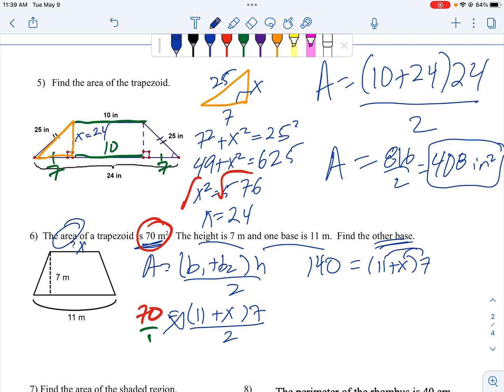Now you could have distributed the 7 in one step, or you could divide the 7 out. A lot of us like to distribute, so I'll just go ahead and distribute for you. Just like that, okay? 140 minus 77 gets you 63. And then X should be 9.